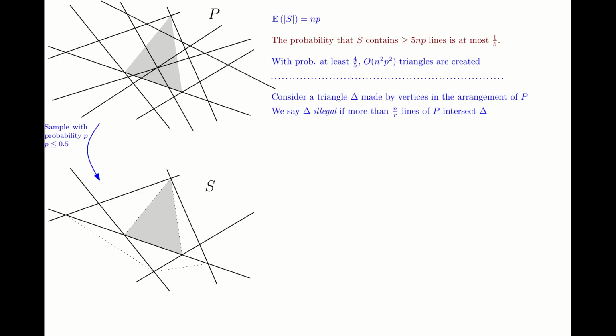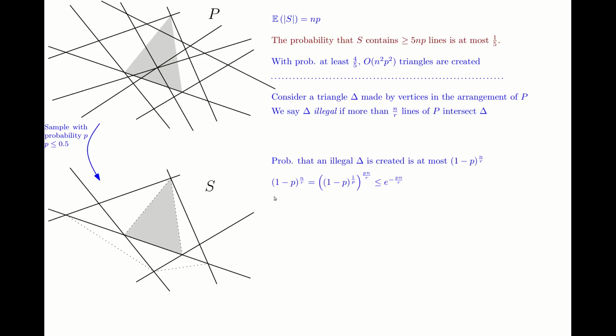So let's look at the probability of an illegal triangle appearing in S. The probability that an illegal triangle appears in S is at most (1 minus p) to the n/r. This is because we should not sample any of the lines that intersect the triangle. Since there are more than n/r lines that intersect the triangle, the probability that this illegal triangle appears in S is at most (1 minus p) to the n/r.